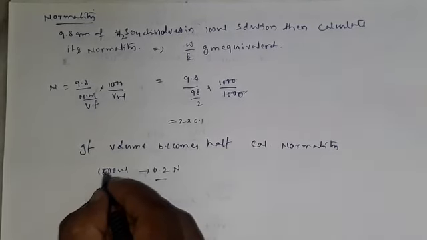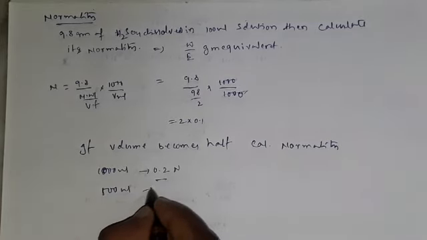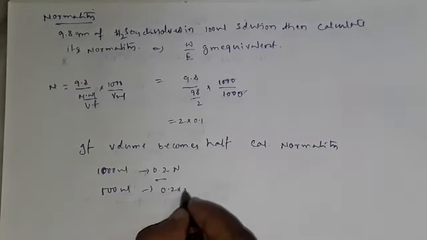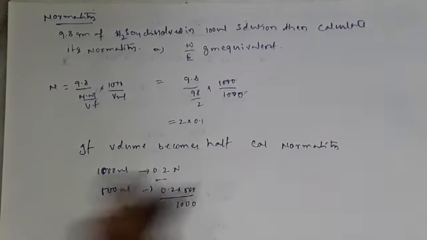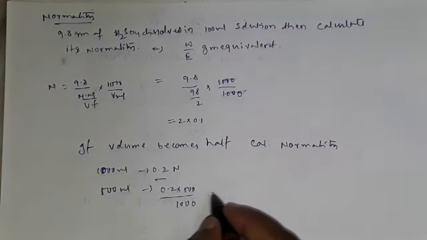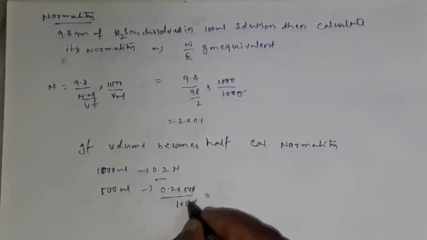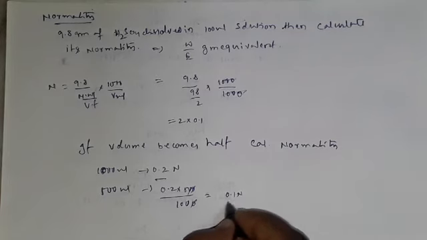So if it is 1000 ml, normality 0.2, then for 500 ml, what is normality? So 0.2 into 500 by 1000. Finally, the value is 0.1 normal.